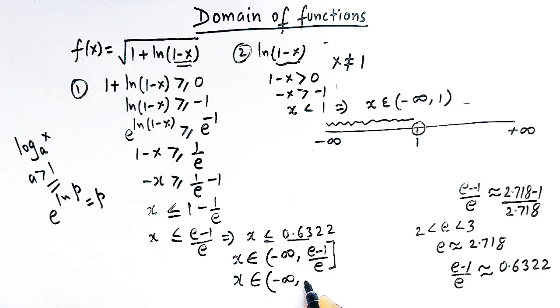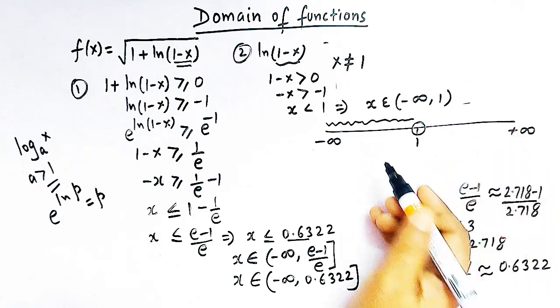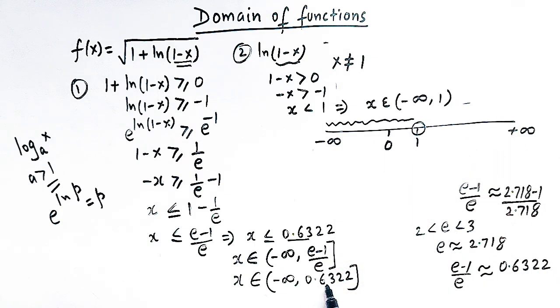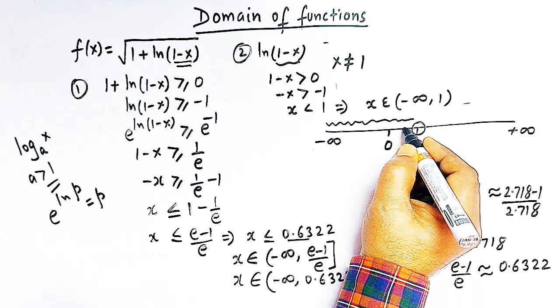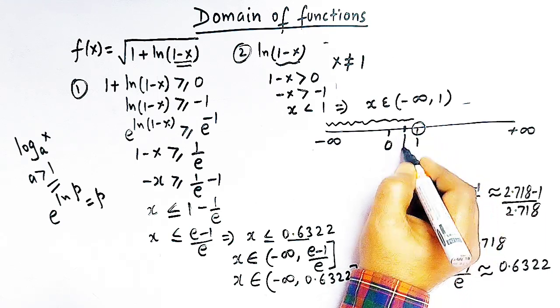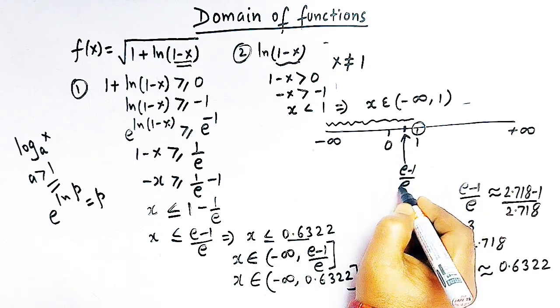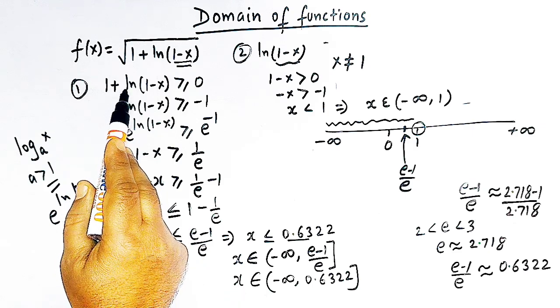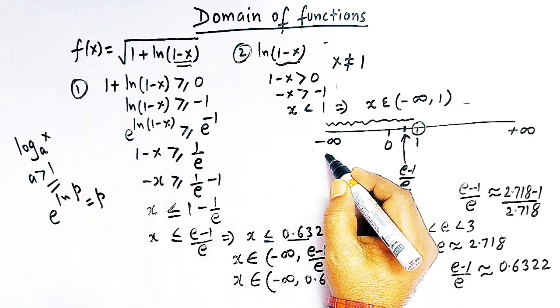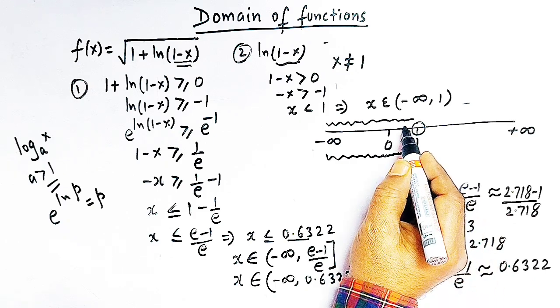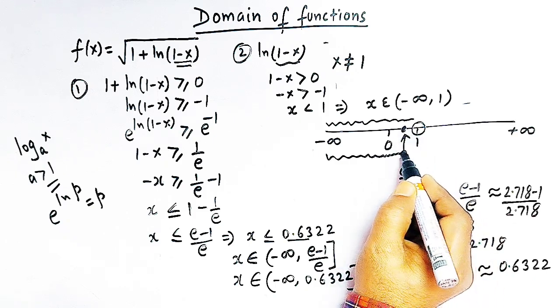So we can now write minus infinity, and here we have 0.6322, and from this real number line, here we have say 0, and 0.6322 lies somewhere here, right? So this point is e minus 1 over e, right? So the solution of this inequality is now given by this region, right? And here obviously this point is included.